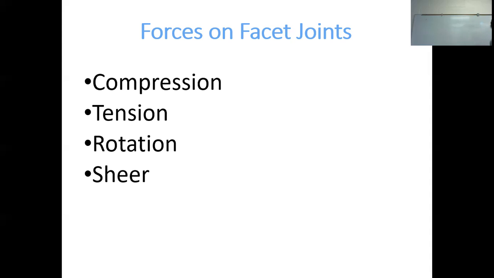Okay. Rotation. How do you think we get rotation in our facet joints? Shear is interesting. We're talking about shear forces. What is a shearing force? Yes, it's 2 forces trying to slide across each other. How can we get shearing force at the back?